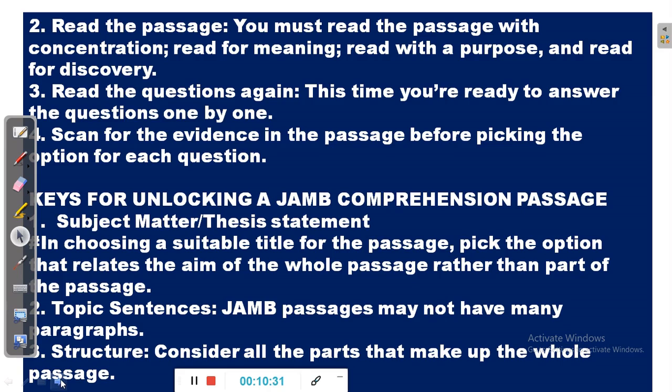Now, because most students find an average Jamb comprehension passage a little bit sophisticated or complex, you need to concentrate. You know, concentration is really all that you need to understand any difficult task, because concentration engages your mental faculties.